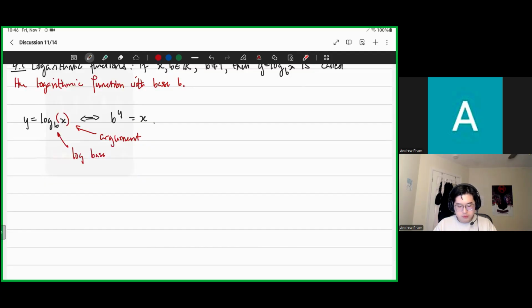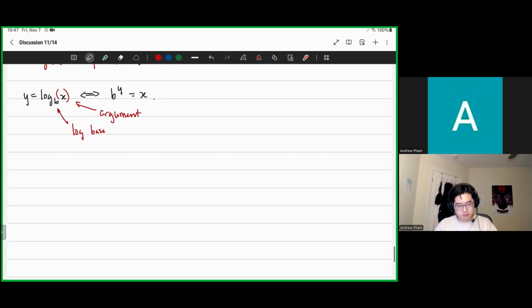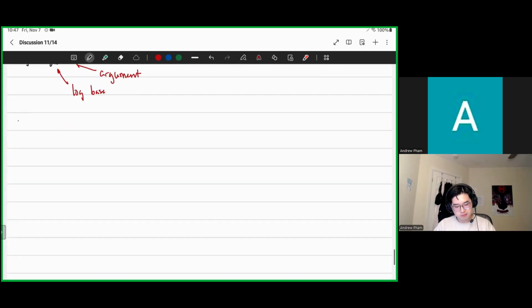So let's do some practice. For example, log base 4 of 16, I want to evaluate this. How do I do so? I ask myself, what number do I raise 4 to give me 16?